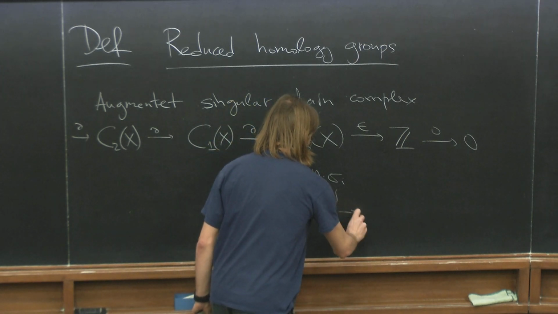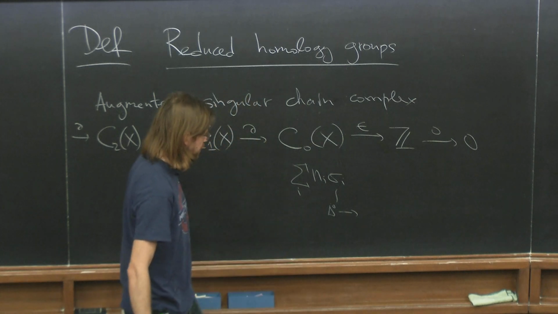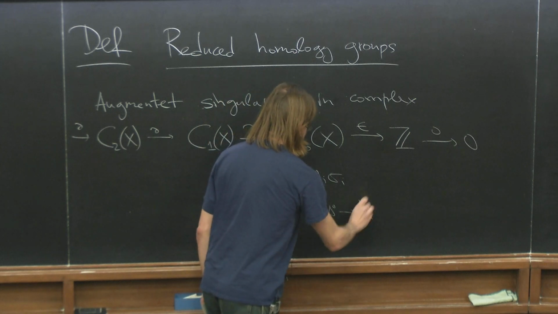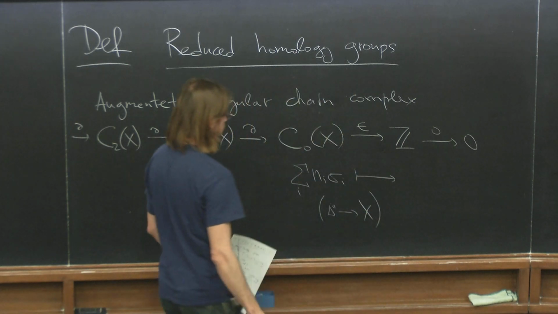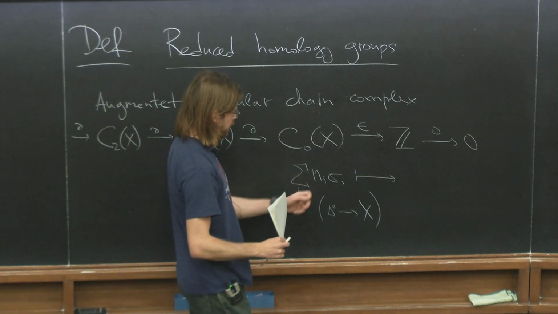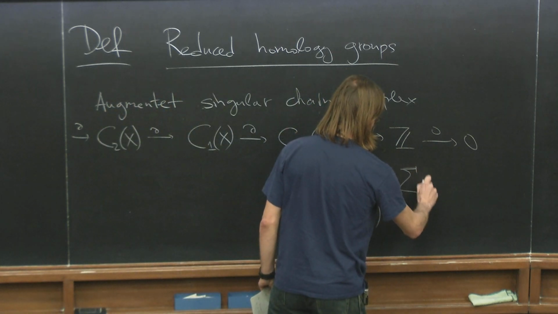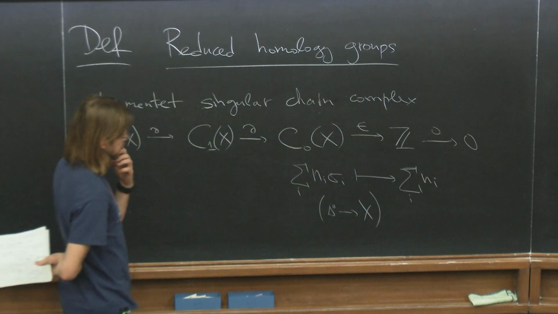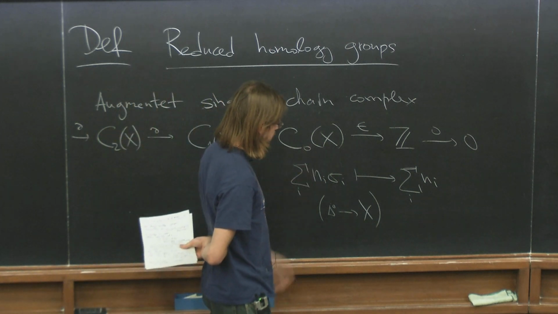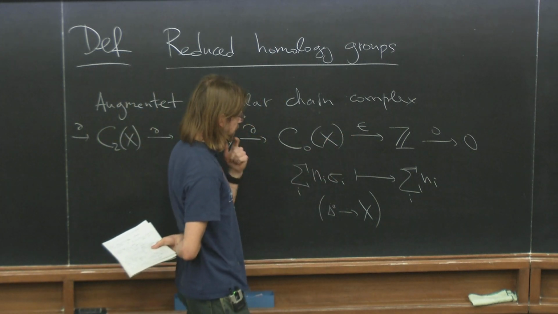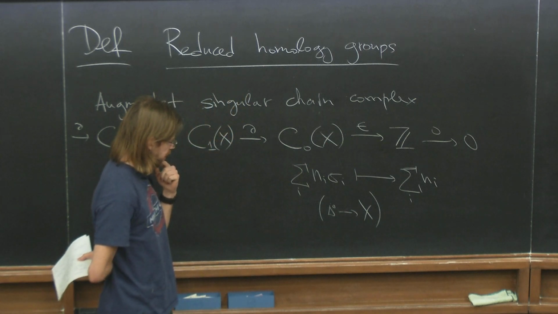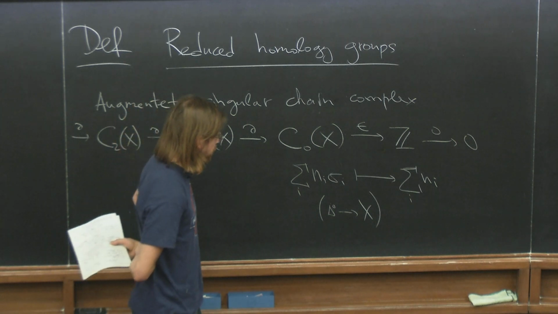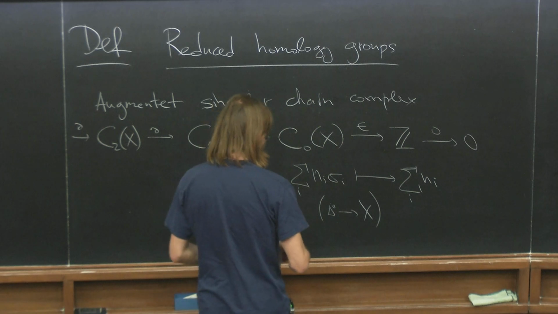Each of these is just a map from delta 0, which is a one-point space, to our X as usual, and we map this linear combination to just an integer, which is the sum of the coefficients. We already considered exactly this map epsilon when we showed that H0 of a path-connected topological space is isomorphic to Z.